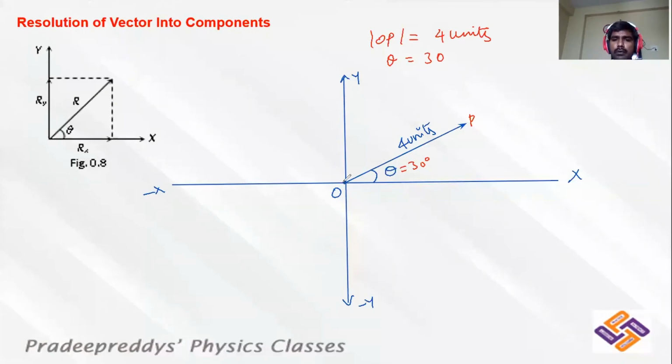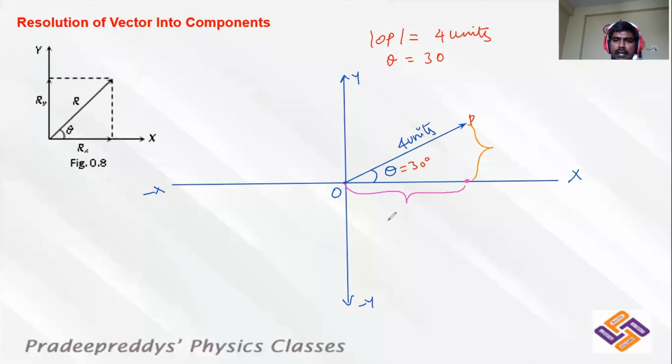You should find its projection along the x-axis and y-axis. Now how much is the length projected along the x-axis? This is the length projected by the vector along the x-axis, from here to here. And how much is the length projected along the y-axis? This is the length projected along the y-axis.